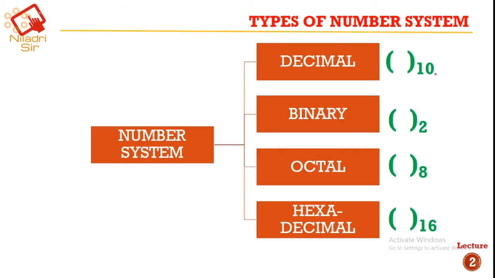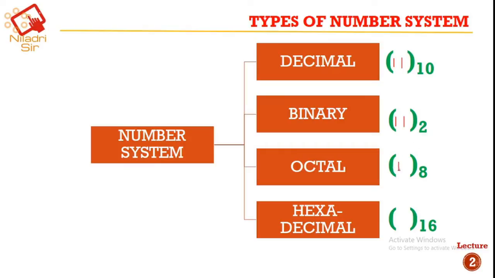Why have we used this base system? Because if I represent it as 11, 11 can be a binary number, but when I write it in base 10, it will be treated as a decimal number. This may be binary, decimal, octal or hexadecimal, but since we have mentioned the base here, it will be treated as a binary number.